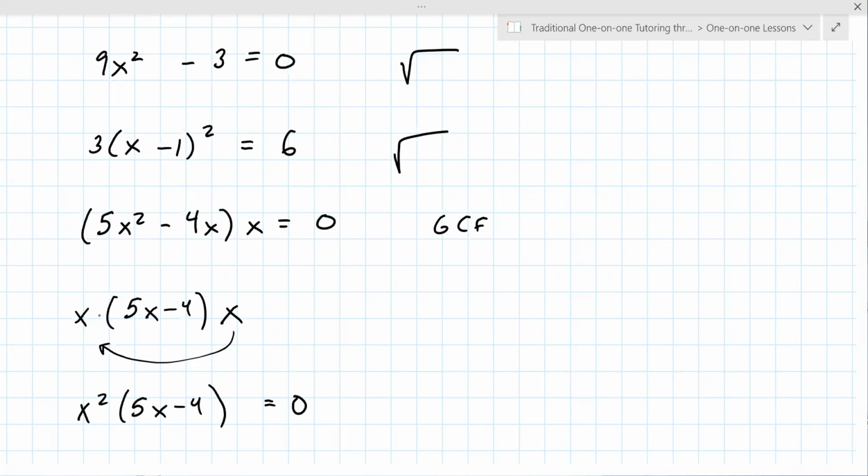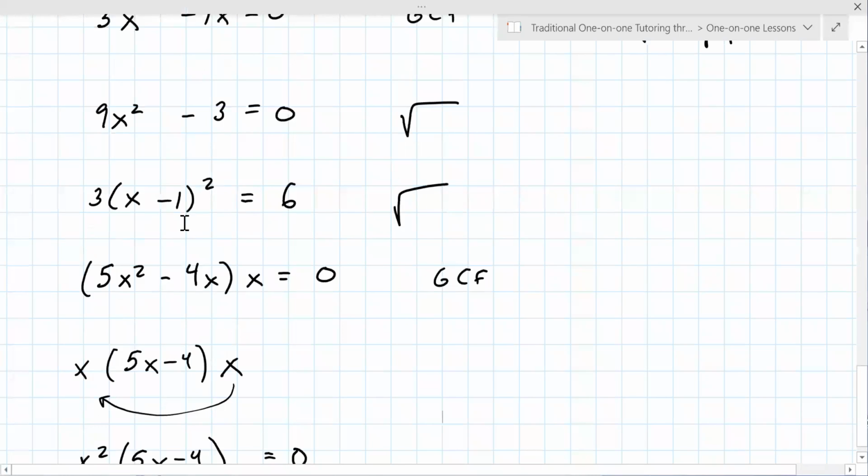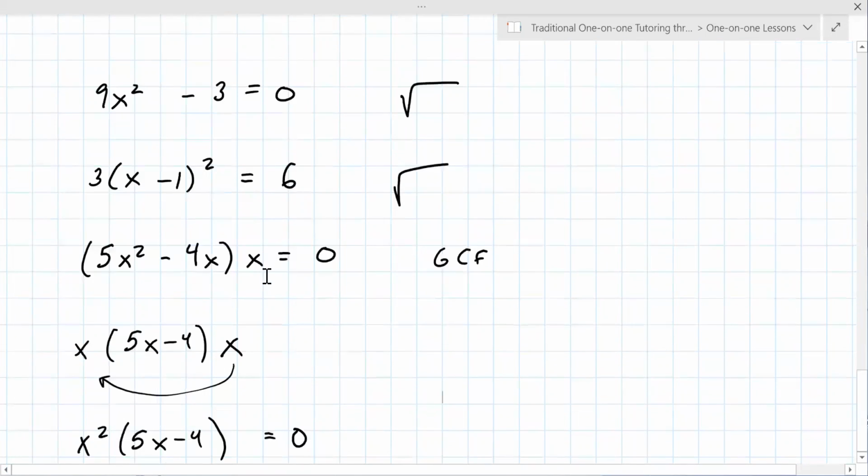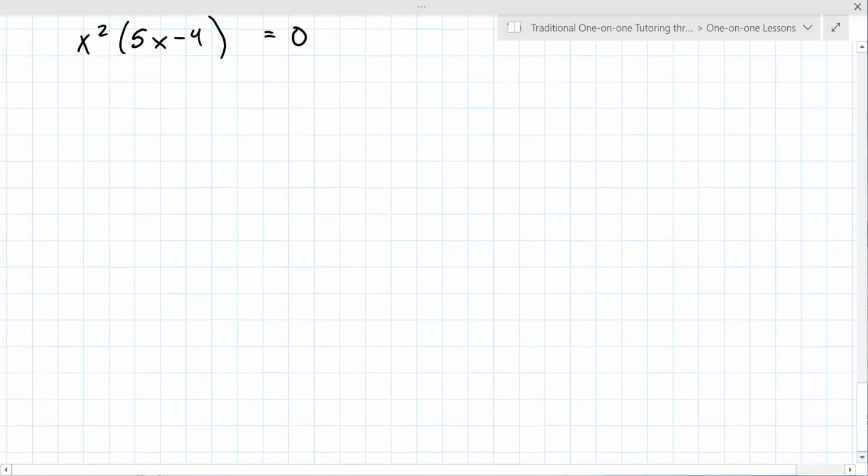No difference. When you solve it, you get the same answer, which we'll get to. We should probably do a little more identification, unless you want to talk about how to solve GCF and then square root property problems. I think I'd like to learn how to solve them first, because that's what I'm having a little bit of issues on right now.